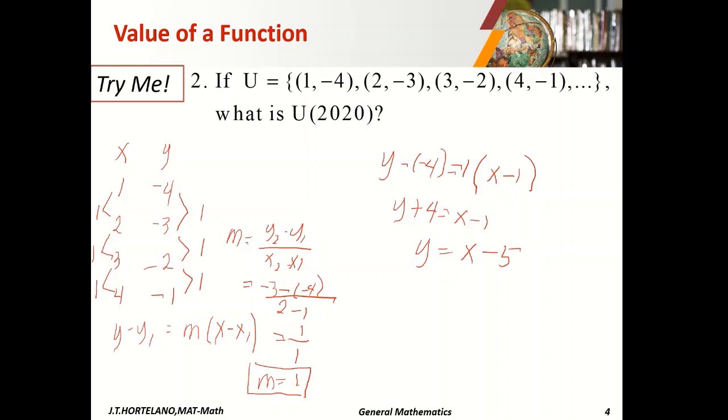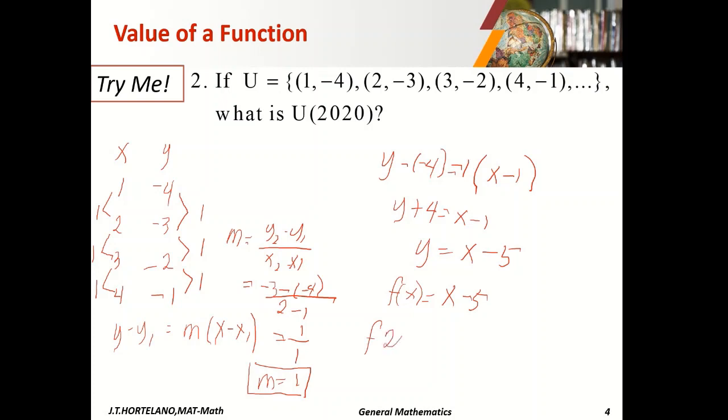Now, remember that y can be replaced by f of x in our functional notation. Okay? So, f of x is equal to x minus 5. This will be our function rule. So, for f of 2020, we can use it here anyway.